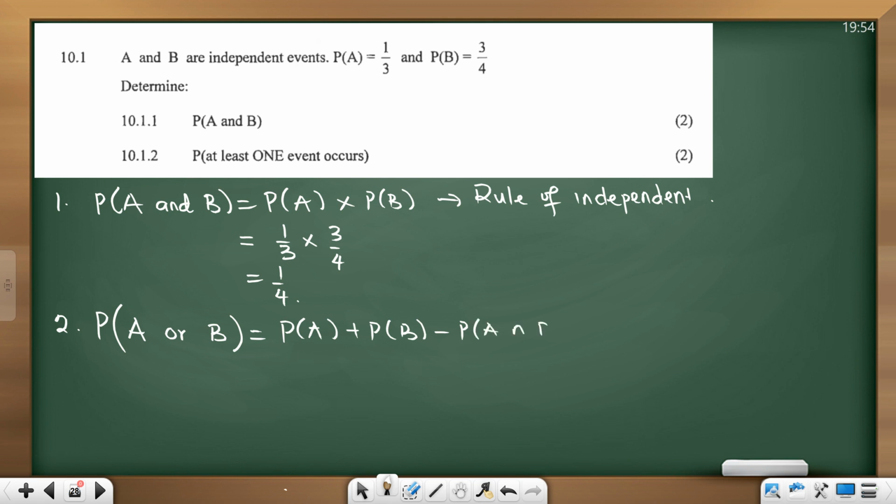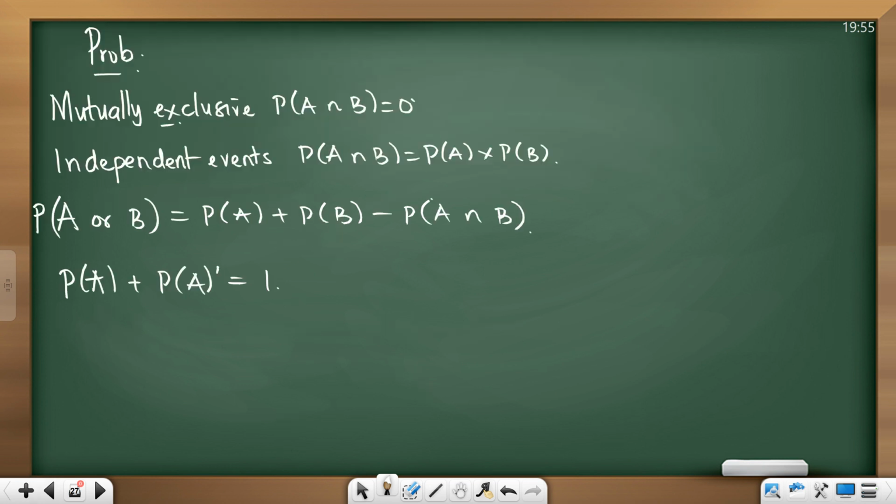Minus the probability of A and B. Guys, so this is the main thing I needed you to know. Once you know this, you are able to deal with any probability, right up to grade 12.